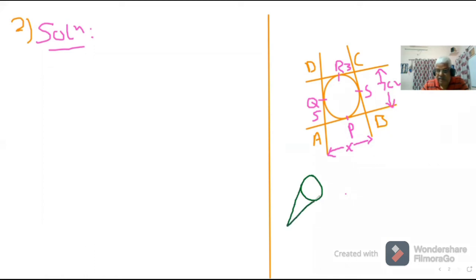QA and PA: A is the external point, and QA and PA are the tangents. Therefore, AQ 5 centimeter means this AP is also 5 centimeter. So the first part of the answer you got already.